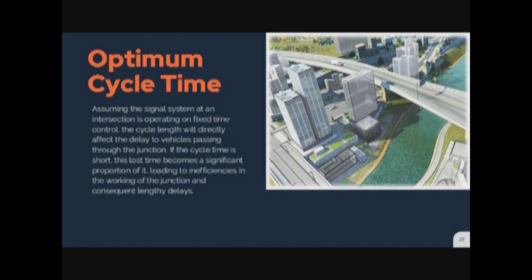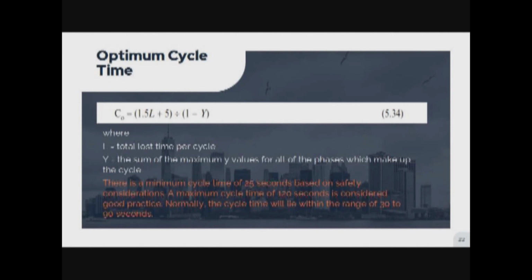If the cycle time is short, this lost time becomes a significant proportion of it, leading to inefficiencies in the working of the junction and consequent lengthy delays.